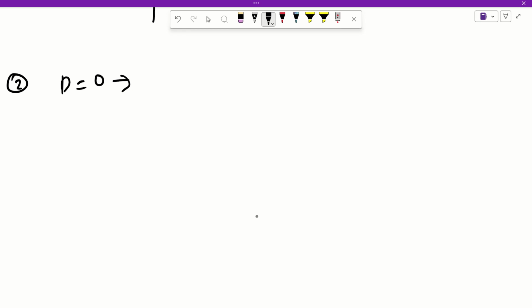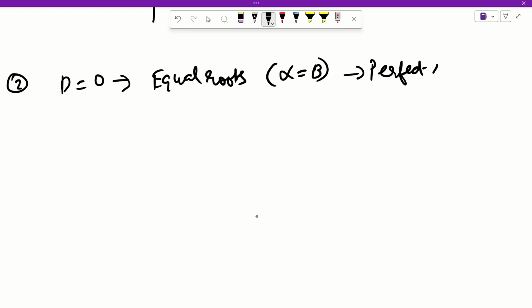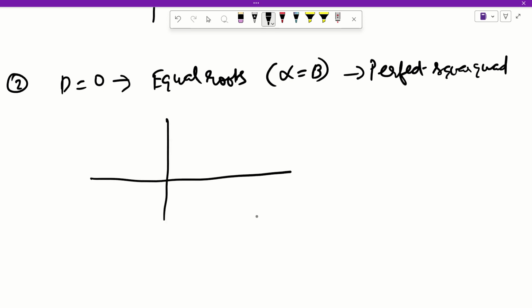When D equal to 0, we get equal roots, which means alpha equal to beta, and we get a perfect square quadratic equation. Then the graph will look like this. It will touch at one point, where this point will be alpha equal to beta.